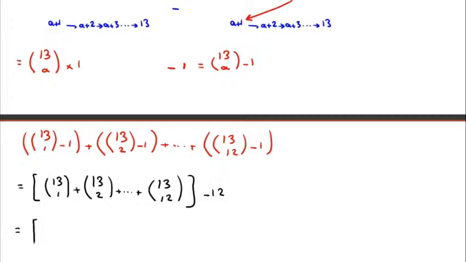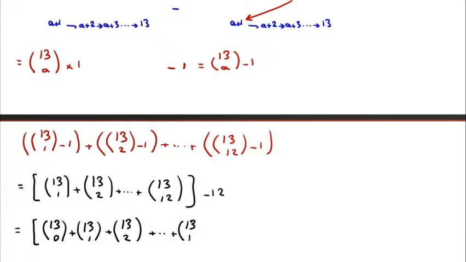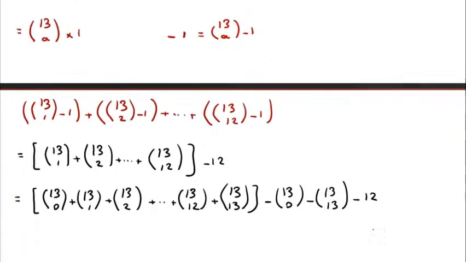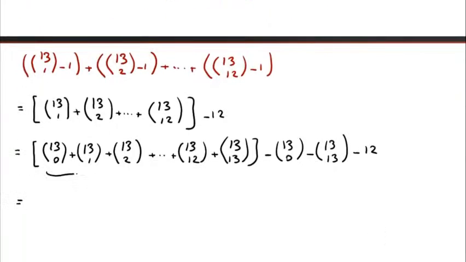So in the first part, I add 13 choose 0, 13 choose 1, 13 choose 2, up to 13 choose 12, plus 13 choose 13, but we didn't have 13 choose 0 and 13 choose 13, so I subtract to cancel them, minus 12. Now, this is a famous identity. As I said, there are some famous identities. You should memorize them. It is all subsets of 13 elements. It will be 2 to the 13.